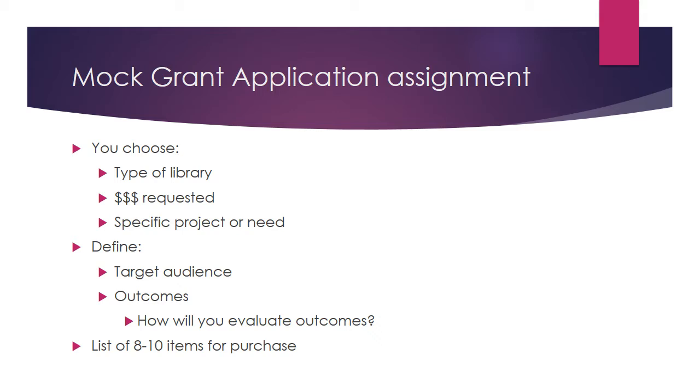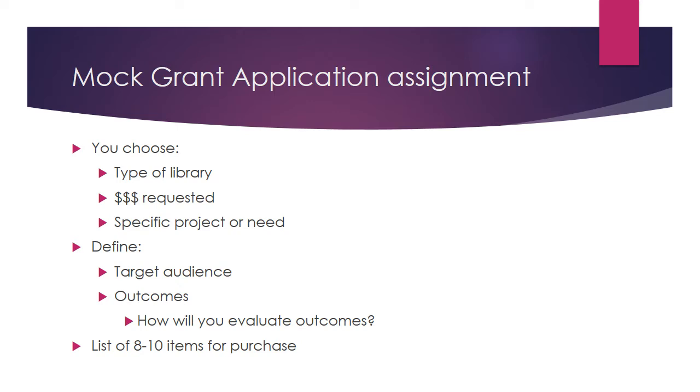And then the next step is you need to create a list of 8 to 10 items that you would purchase for your project. So when you come up with this project or program, it can be whatever you want. If you want to do a book discussion group for a specific part of the community, you could do that.